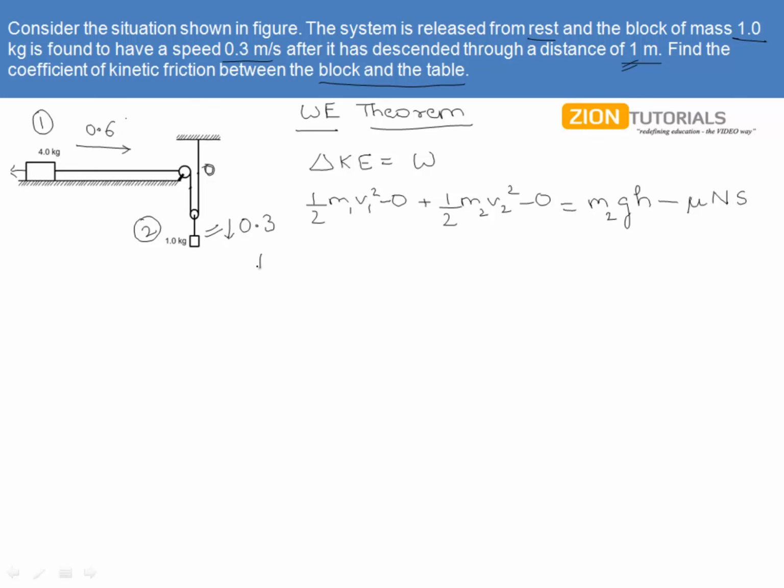Putting the values over here, we get half into m1, that is 4, v1 square, that is 0.6 square, plus half m2, which is 1, v2 square, that is 0.3 whole square, equals m2, which is 1, g, that is 10, and h, that is 1, minus mu, which we need to find out, n, which is simply m g over here, so it is 40, and the distance s, that is actually 2.